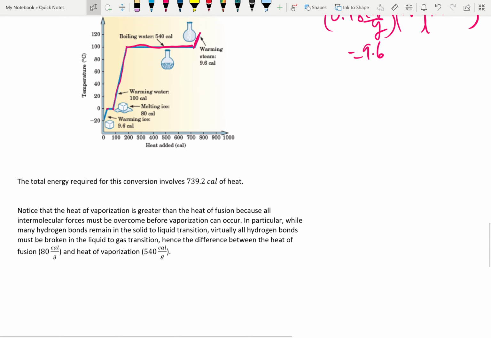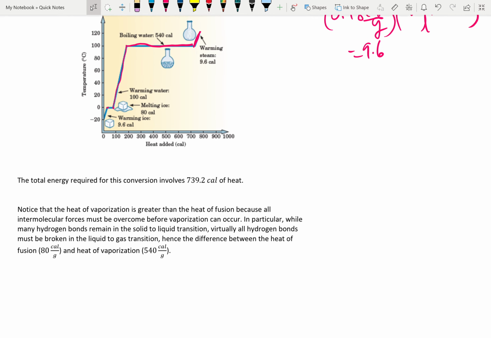So that is the end of our heat of fusion and phase change. It is important for you to understand this. You will have a problem similar to this on your final exam, asking you to calculate. So for this example, it was going from -20 degrees Celsius to 120.